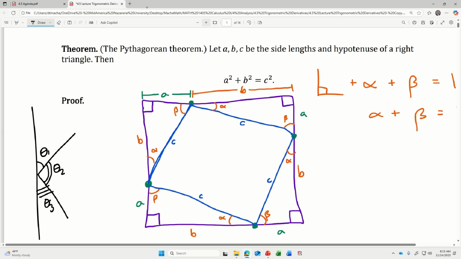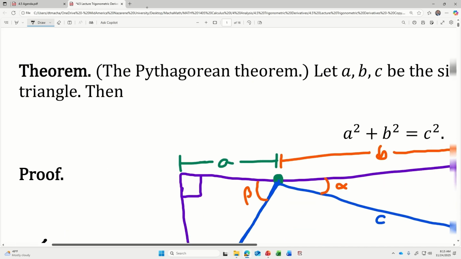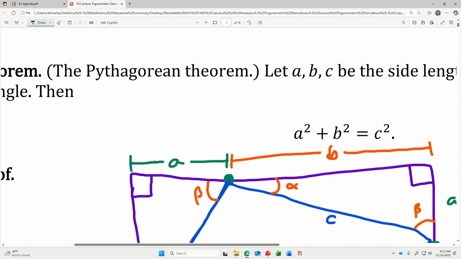And so now let's zoom in to a part of this picture, right here, where I've got alpha plus beta plus a missing angle that is going to give me this straight purple line. So if alpha and beta add up to 90 degrees, and all three of these angles add up to 180, what does the middle blue angle have to be? 90.